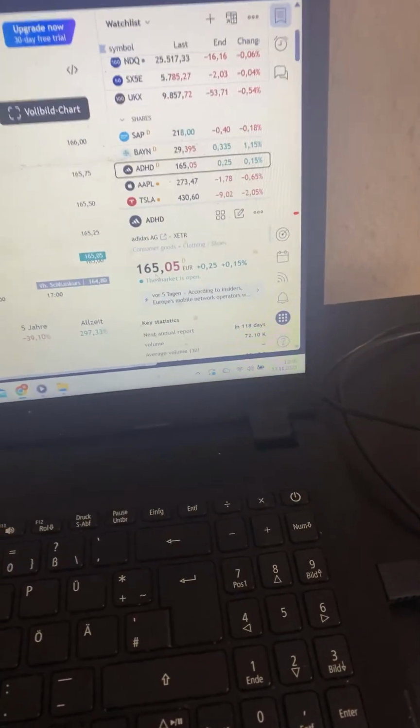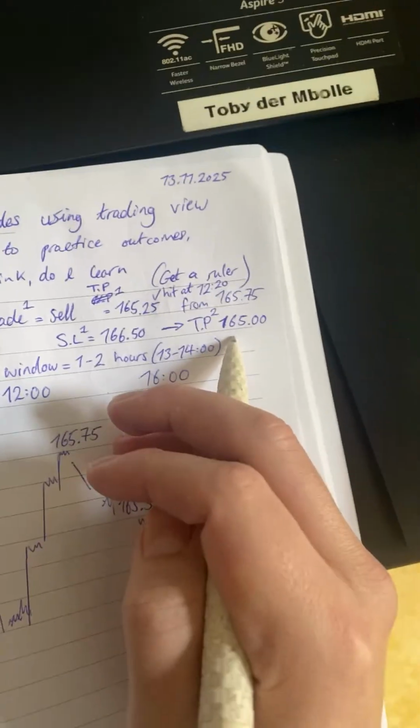Boom. Adidas 165.05, and Adidas, I have my second take profit at exactly 165. So again, just for the sake of visualization, we're now at 165.